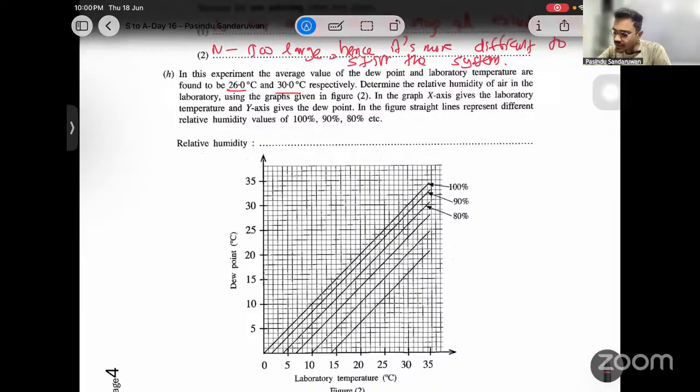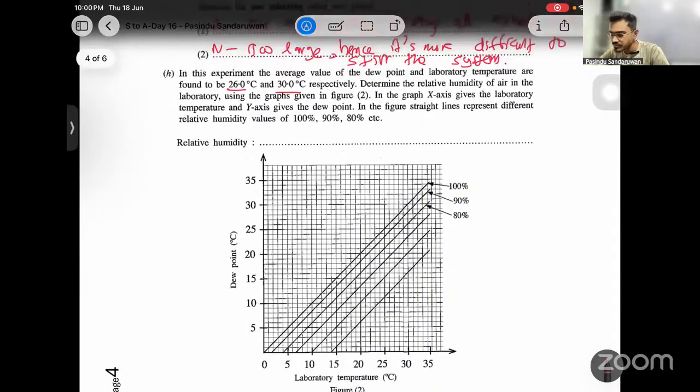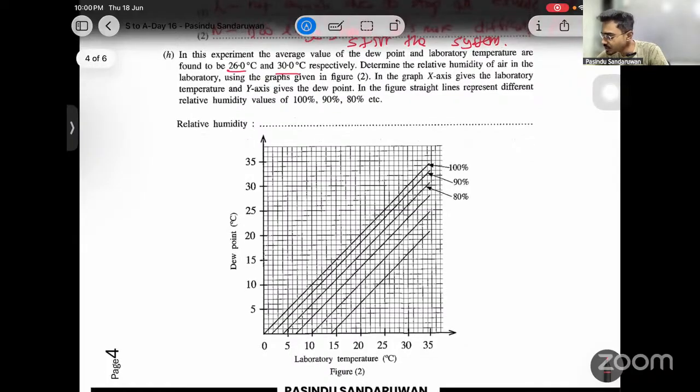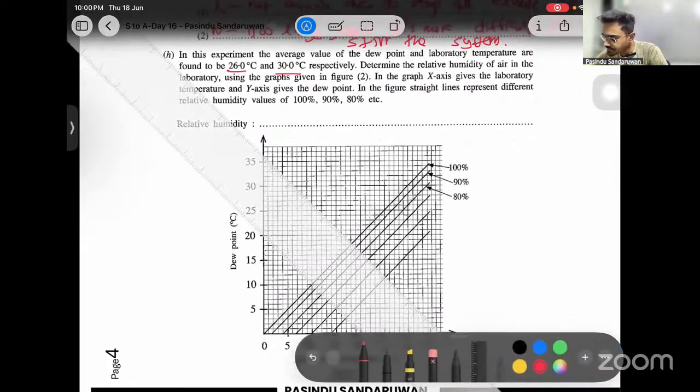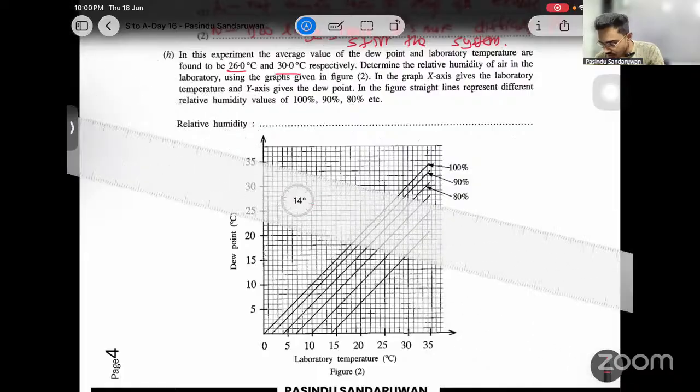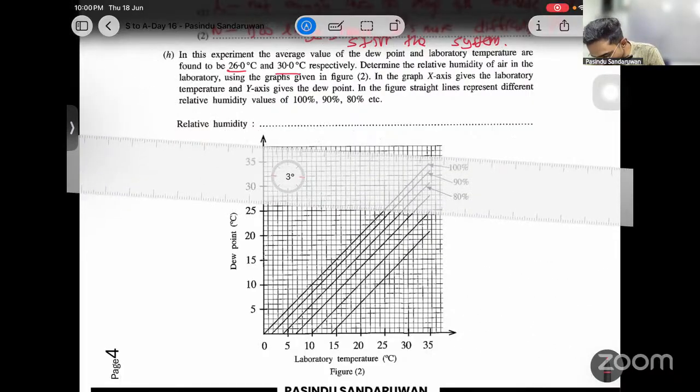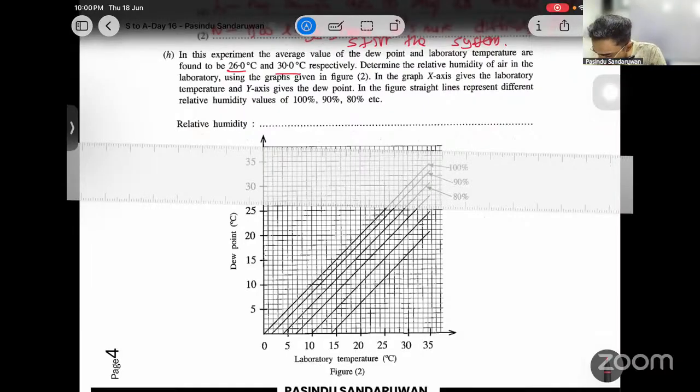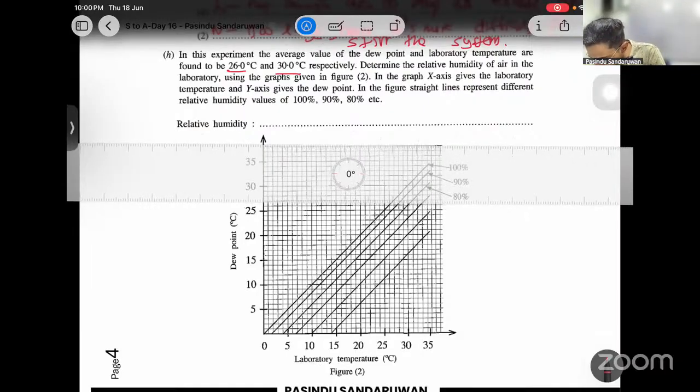Okay. Relative humidity. Now, the dew point is determined. That's 26. And room temperature is known. Then get the intersection here. See? Get the intersection. This is 26, this line here. 26 is here.